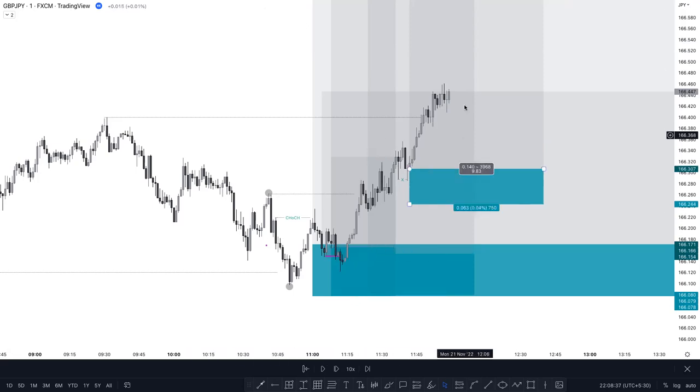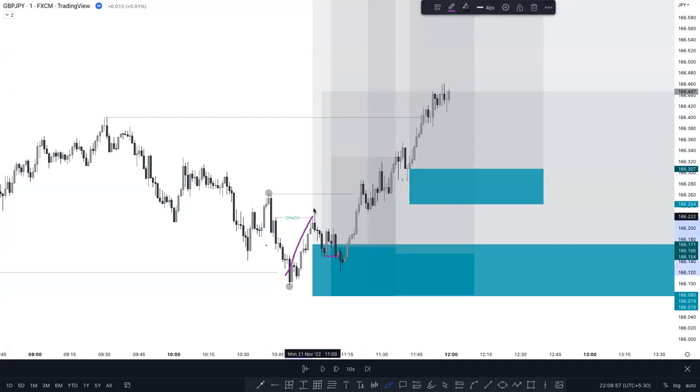Okay, perfect. So right now we can see here, you can buy here. First take out this pullback, at least take out this pullback. You can buy here, and the actual entry you want to take a buy is here. So you can take an inducement structure like this one.